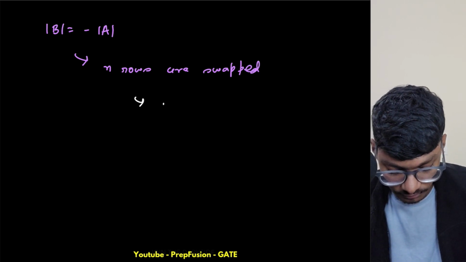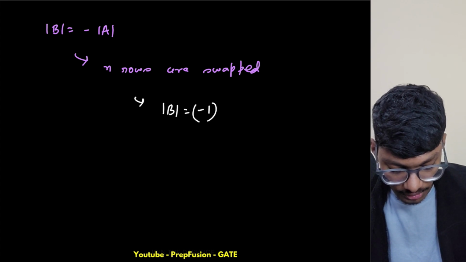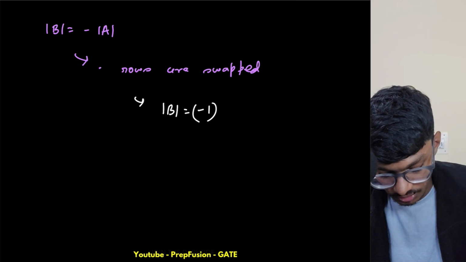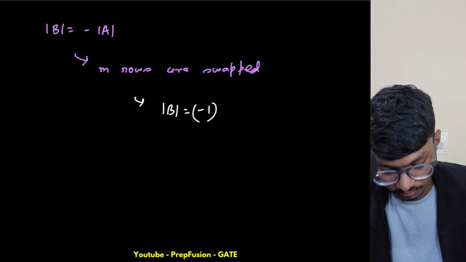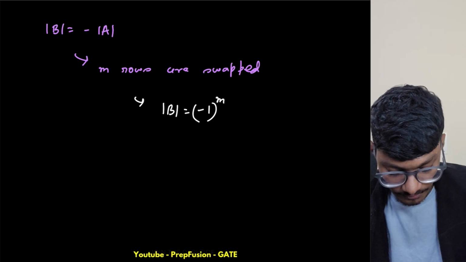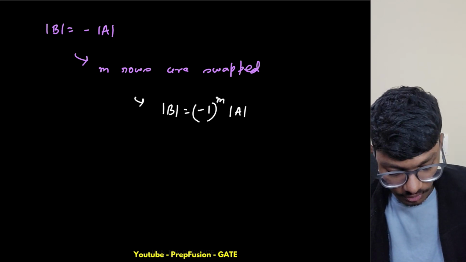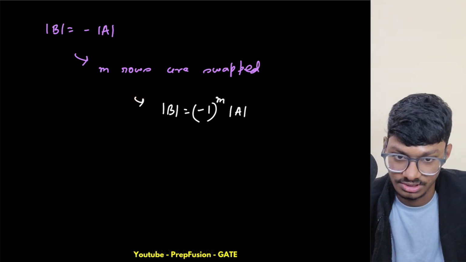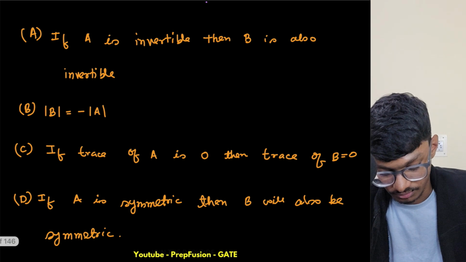Then my determinant of B will be simply equal to negative 1 to the power m, let me name this as m only because n is already there, into determinant of A. So this is my determinant of B. This is the formula simply. So what is this first question asking?